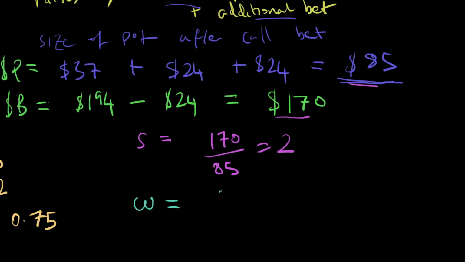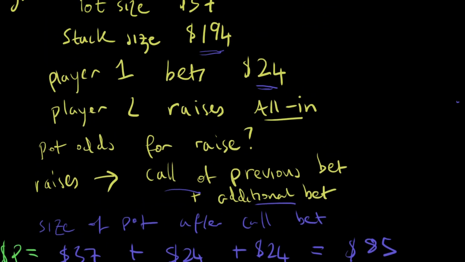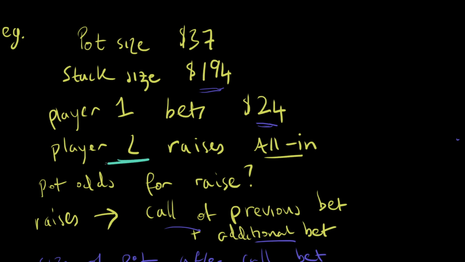Omega is equal to 2 divided by 1 plus 2 times 2, which is 0.4 or 40%. So this all-in raise gives player 2 pot odds of 40%.